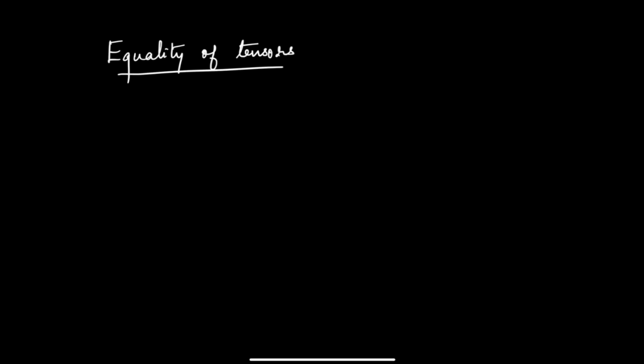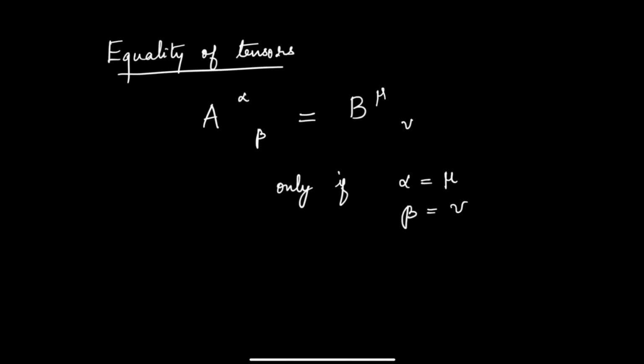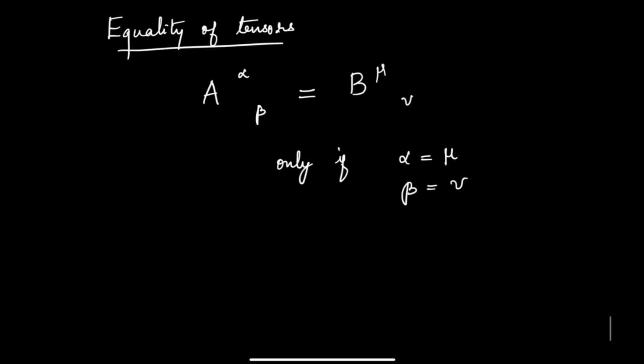For example, A alpha beta is said to be equal to B mu nu only if alpha is equal to mu and beta is equal to nu. Otherwise you cannot equate two tensors. For example, you cannot equate A alpha with B. No, you cannot do this.